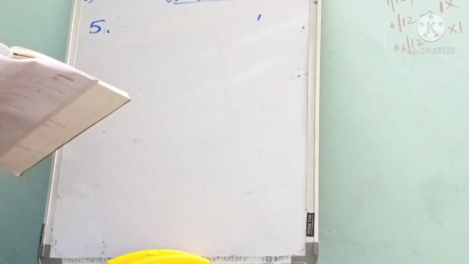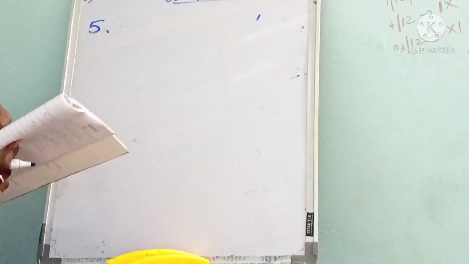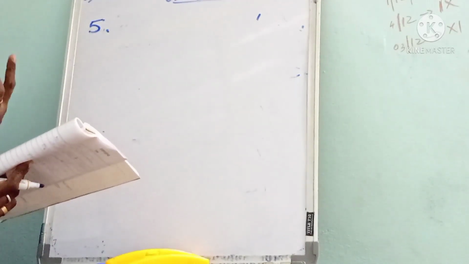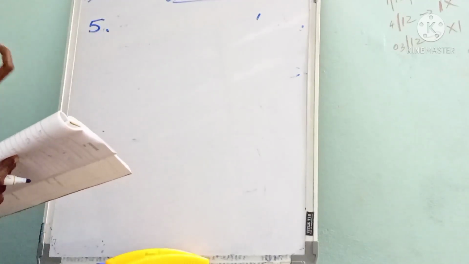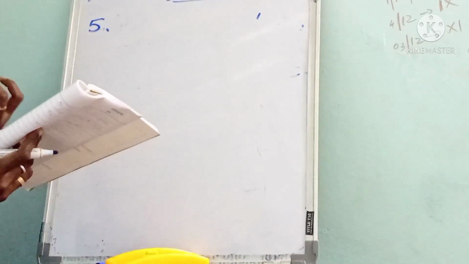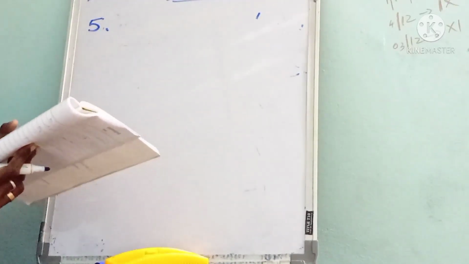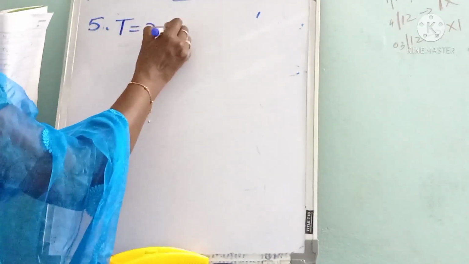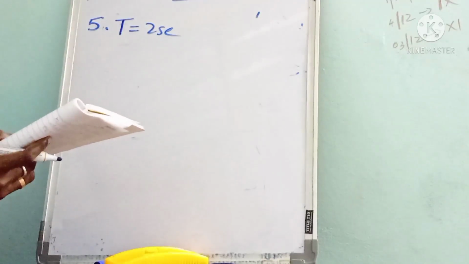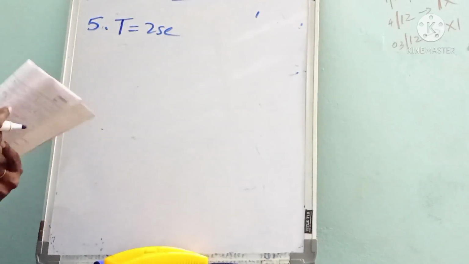A simple pendulum which ticks a second is called the seconds pendulum, and its period of oscillation is 2 seconds. So the time period T is equal to 2 seconds. We have to find the length of the pendulum.